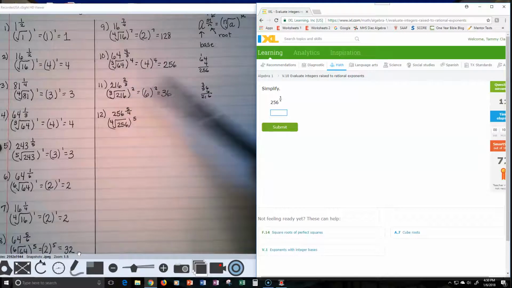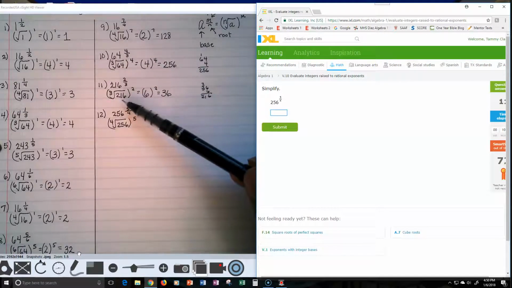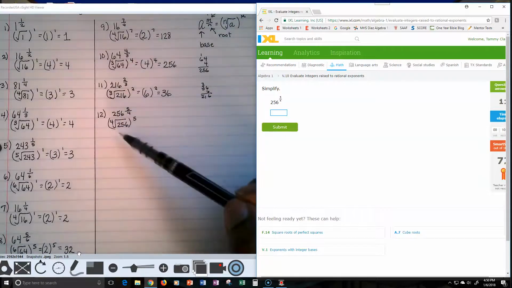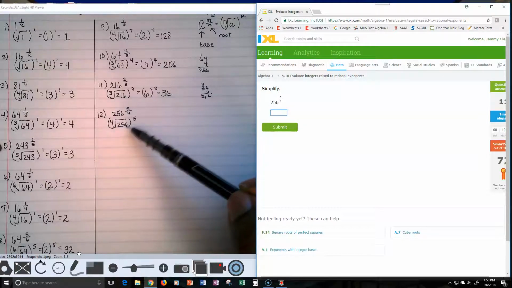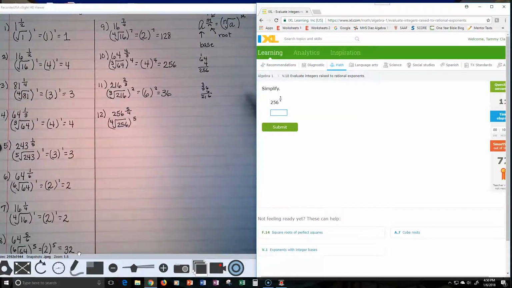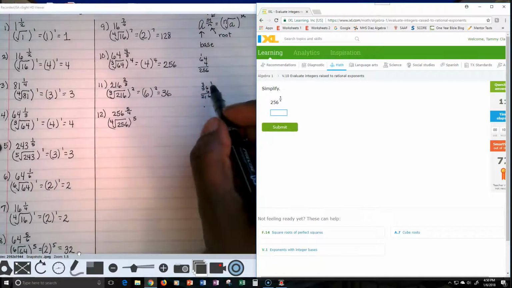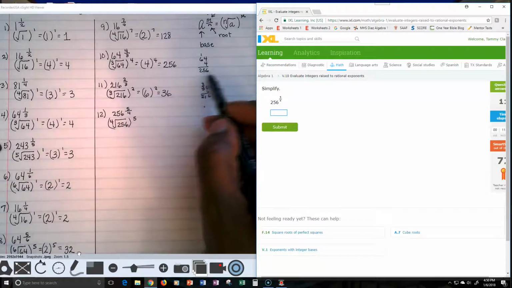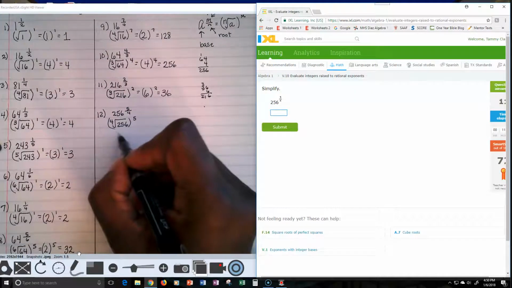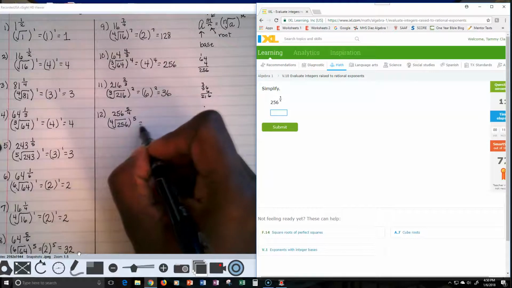Because if we did 6 4 times, that's going to be way higher, like 800 or 900 something. So it has to be less than 6. It can't be 5 because this doesn't end in 5. So let's try 4. We know that 4 cubed is 64. So what would happen if we took 64 times 4? It's 256. We already have it up there. Yay! So our root would be 4.